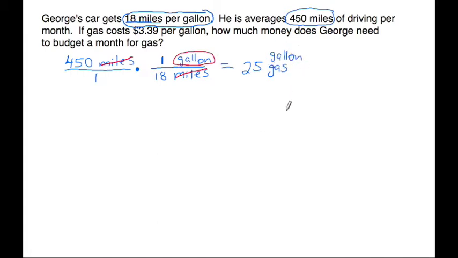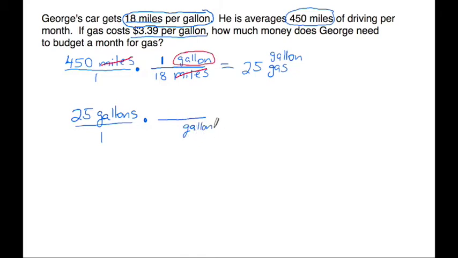So now he needs to budget for that 25 gallons that his car is going to use up. So we start off another fraction, or you can just continue that one up there, but I'm going to separate them. This is 25 gallons, and it's a constant. And we're going to multiply by the other rate, and this is $3.39 per gallon. Now we want to get rid of the gallons because it was up top on this one, so we want it to go away on this one.